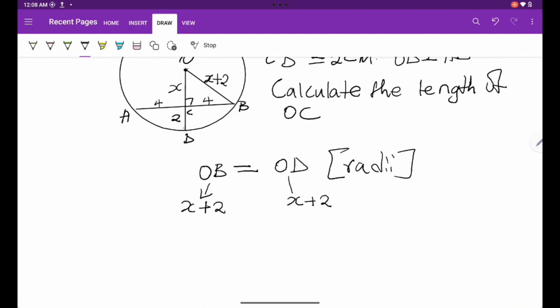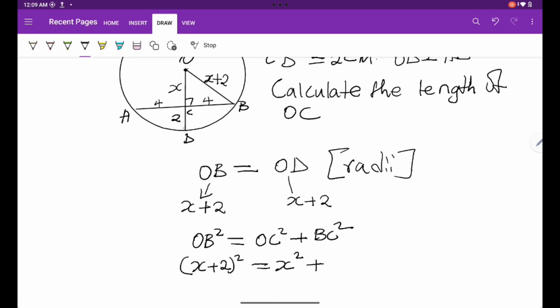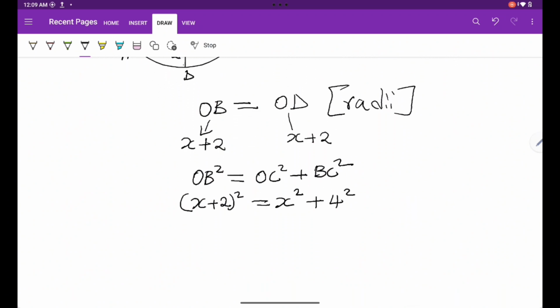We say OB squared equals OC squared plus BC squared. When we substitute, we have OB as (X plus 2) all squared, OC is X squared, and BC is 4 squared. Removing the brackets, we have X squared plus 4X plus 4.